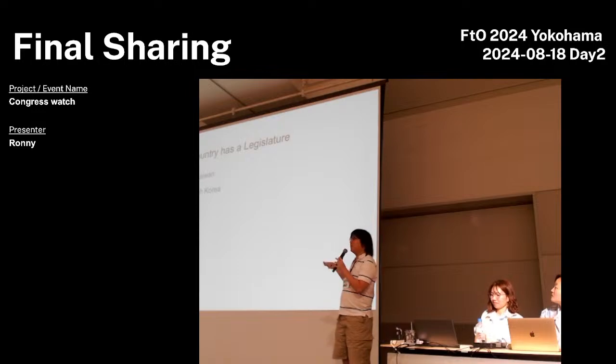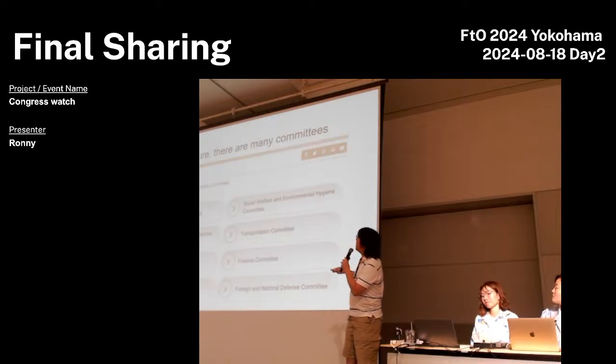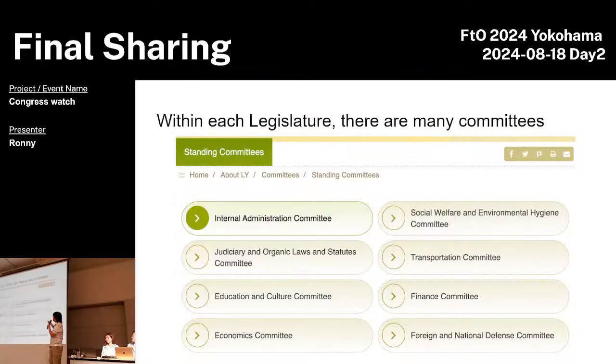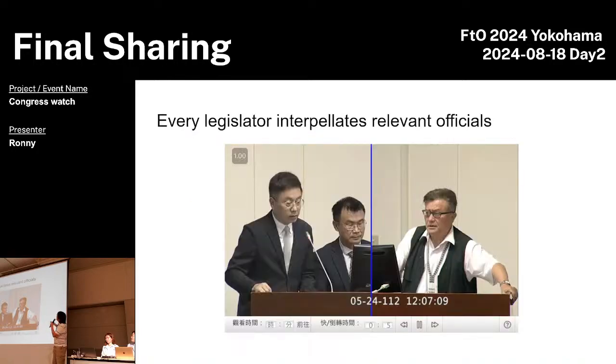Every country has a Congress, like Taiwan, Korea, Japan, and every Congress has many committees, and every legislator speaks a lot about ex-ministers or why they want to build a new law.